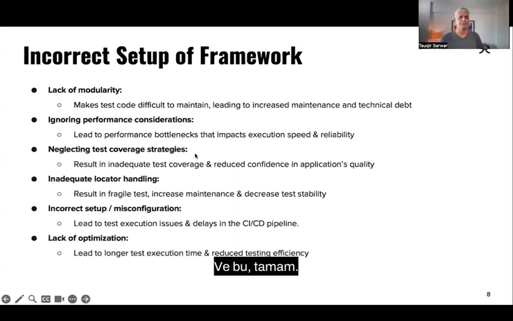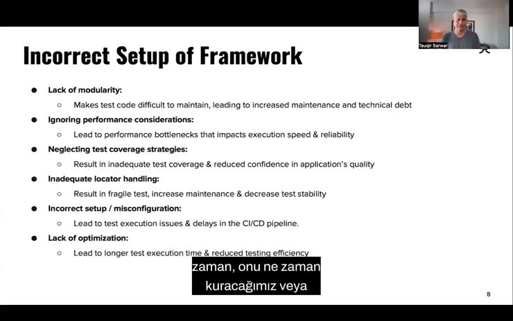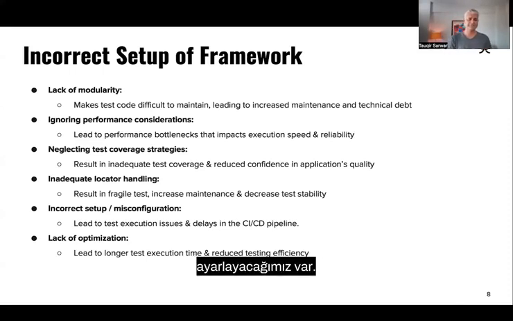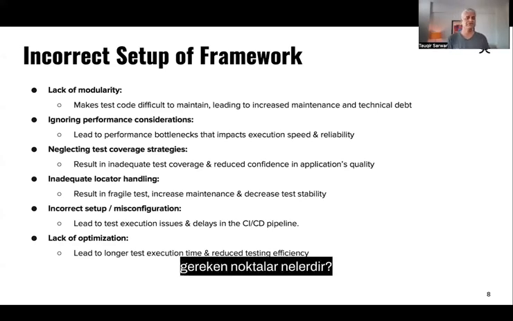So there is another thing. When we pick the boilerplate or framework, and when we are going to install or set it up, what are the points we should consider before setting up the boilerplate?